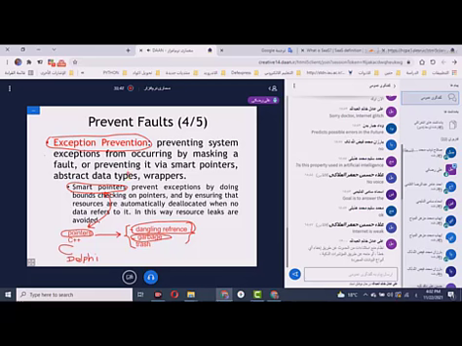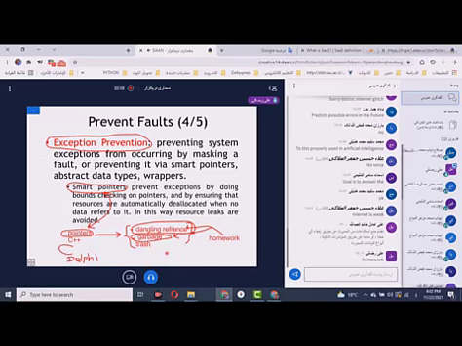So this is homework for you: what is a dangling reference, and what is garbage. You should study these two things.